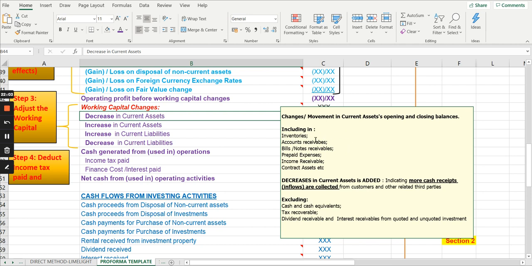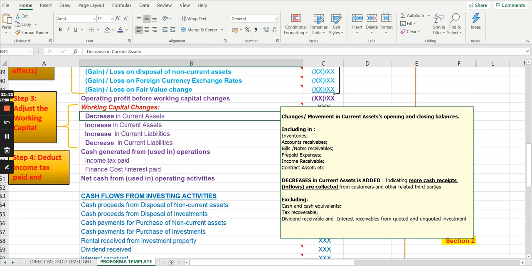Your accounts receivable, you need to look at the movement of it. What are the closing balances as compared to the opening balances? See the difference, whether there is an increase from the beginning of the year to the end of the year. So compare the closing balances with the opening balances, just like what you did in your direct method, but here it is the indirect method. You just need to compare that for accounts receivable.